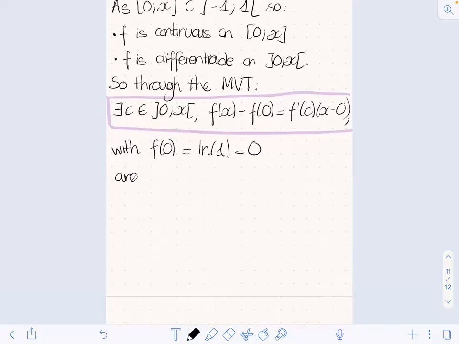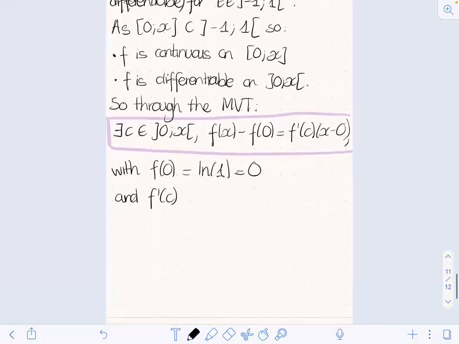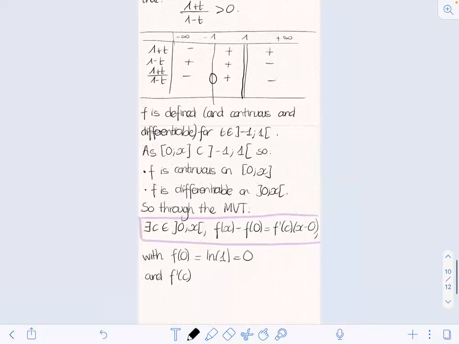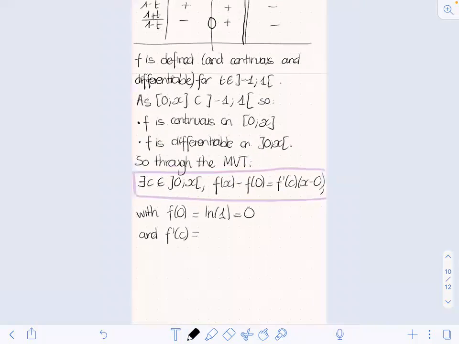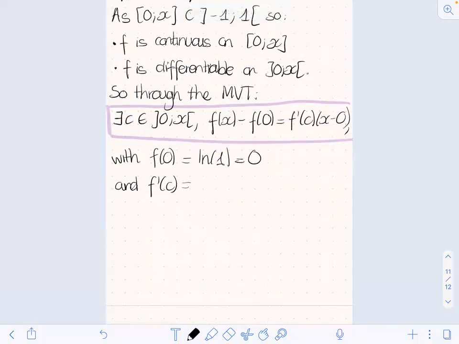And what we need to also check is f prime of c. We need to derive the function logarithm of (1 plus t) divided by (1 minus t), and all of that we need to derive.